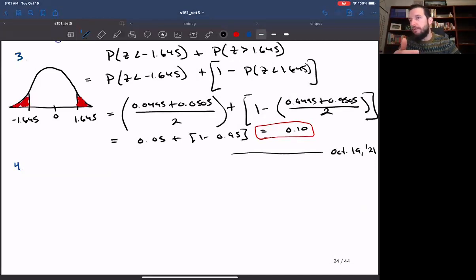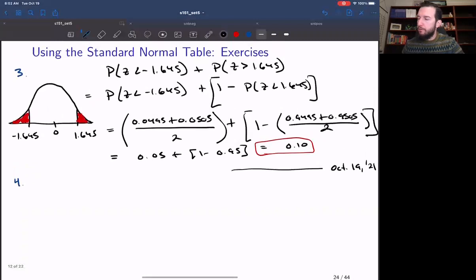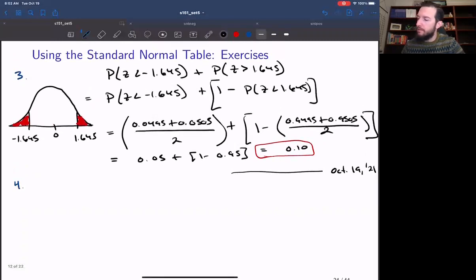And we use the standard normal table to find area underneath the standard normal curve. These areas are actually probabilities. So by doing this, we are able to find the probability of observing a certain outcome. For example, in number 3, we wanted the probability that Z was less than negative 1.645 plus the probability that Z was greater than 1.645.